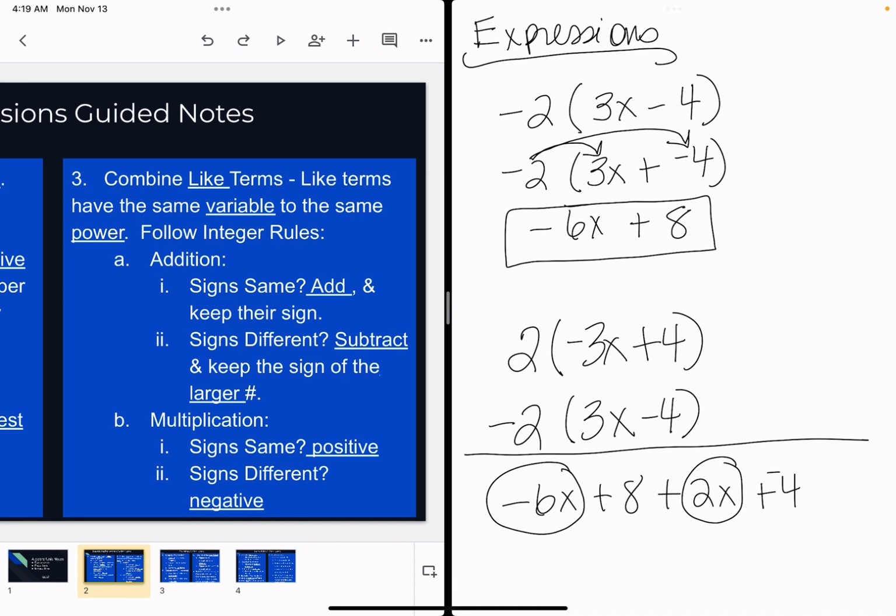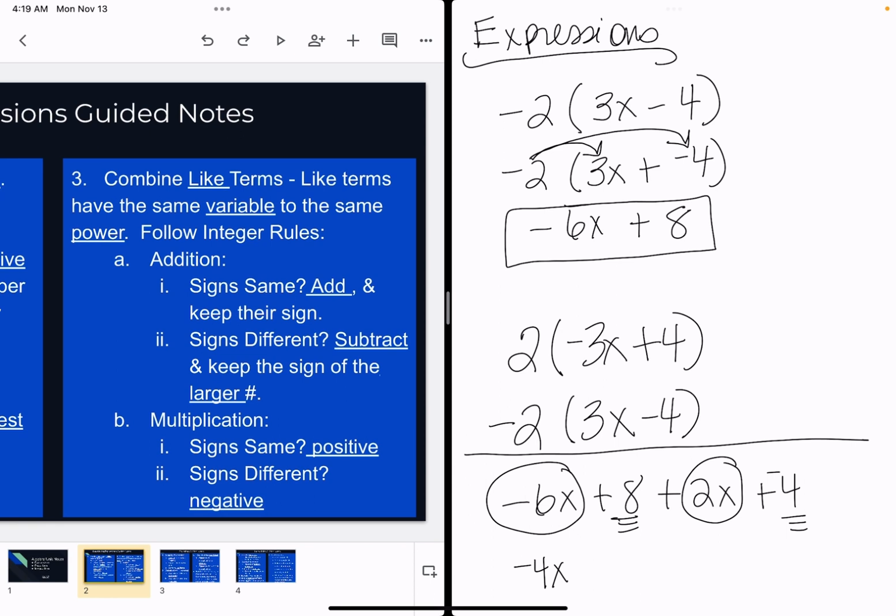That way we have them all as addition. And then +8 and -4, we would combine those together. So -6x plus 2x would be -4x using our rules. If the signs are the same, you add them and keep their sign, but they're not.